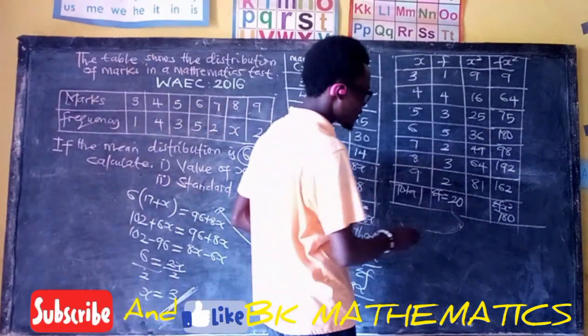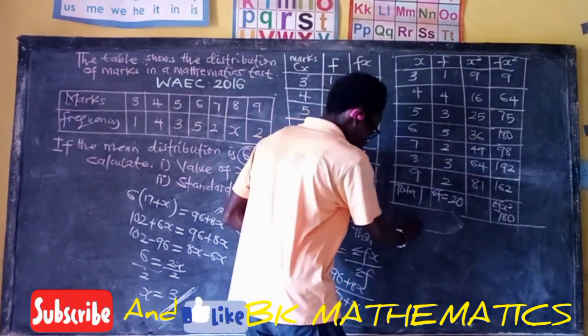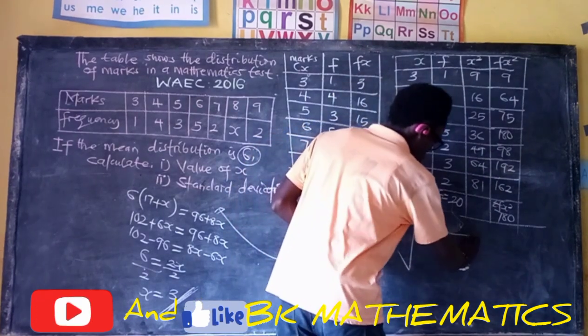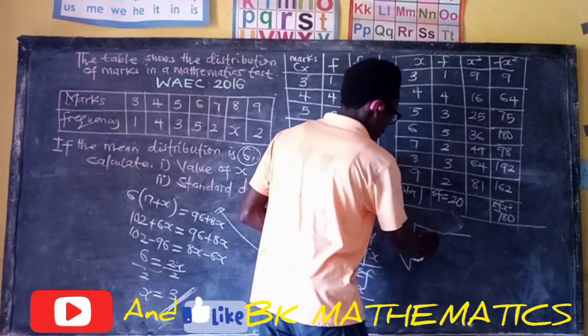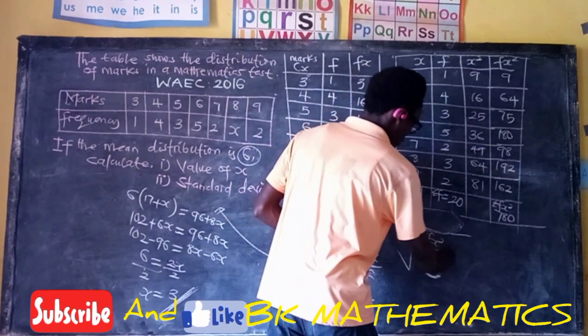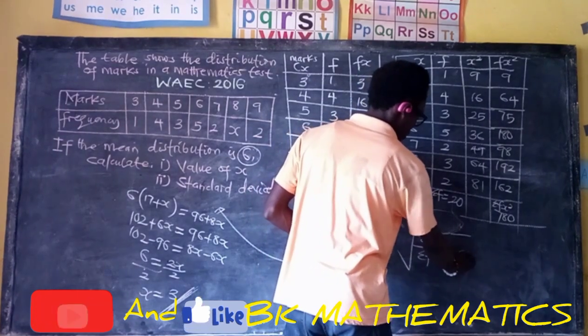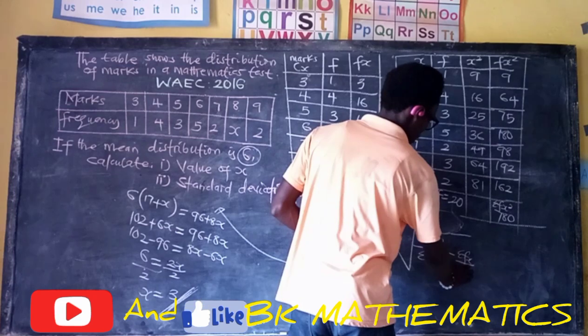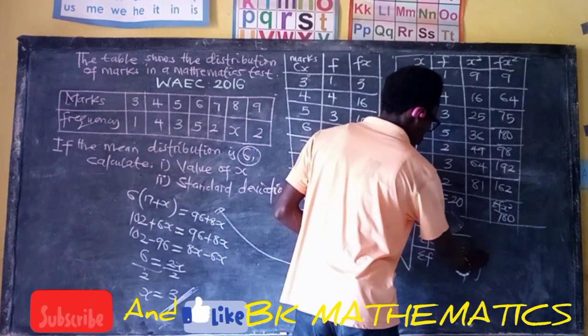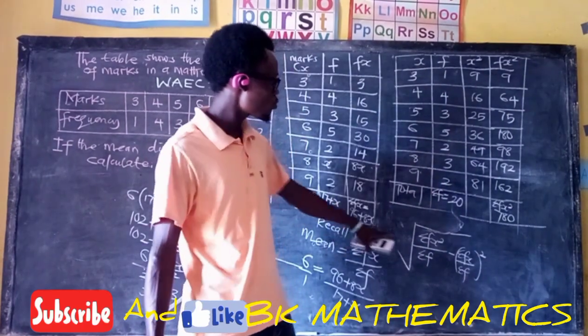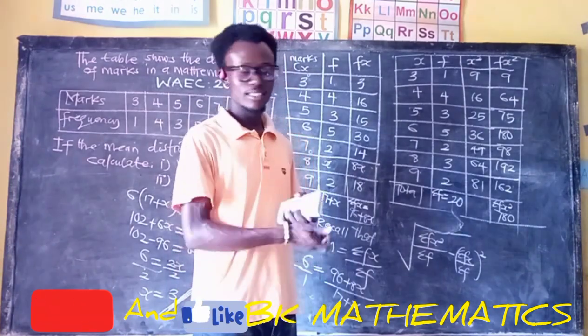But let's just recall that the formula for standard deviation states that it is the square root of sigma fx squared divided by sigma f, minus sigma fx divided by sigma f, everything squared. This is the formula that we are going to use to calculate our standard deviation.